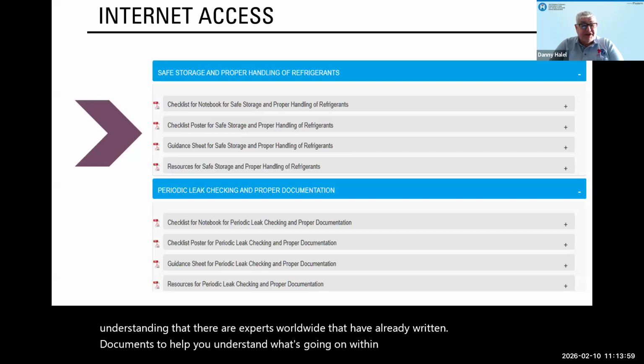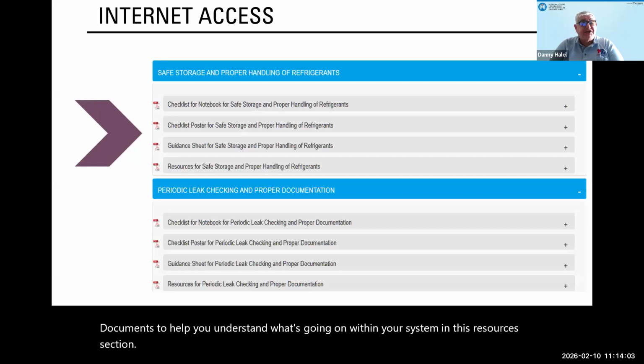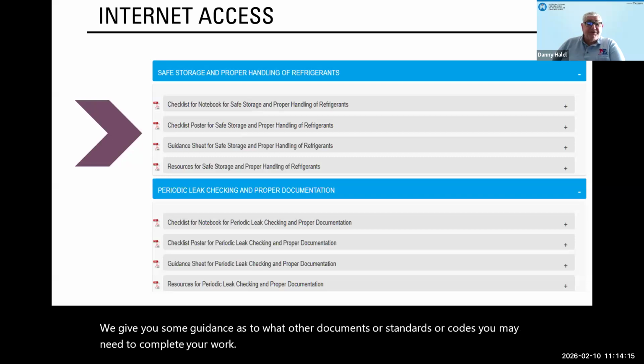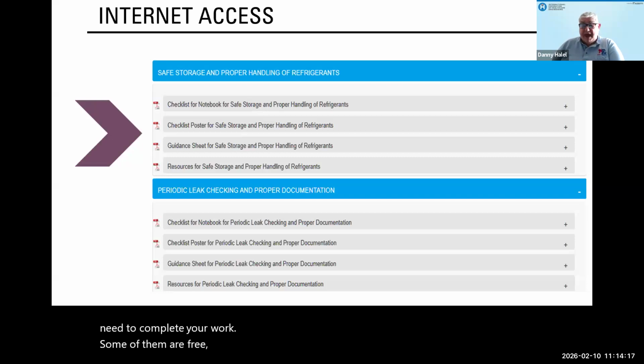In this resources section, we give you some guidance as to what other documents or standards or codes you may need to complete your work. Some of them are free, some of them cost. We'll just deal with that as we can.